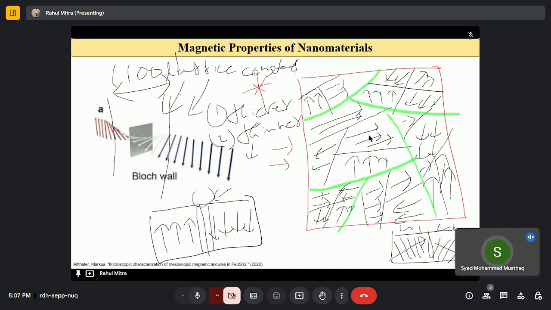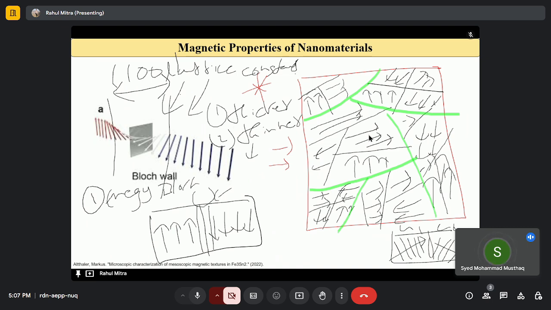Now if I apply a magnetic field, there is already the higher energy present. One is the energy from the Bloch wall, and the other is the energy from the Zeeman interaction, right? So the Bloch wall will increase the total energy of the system.